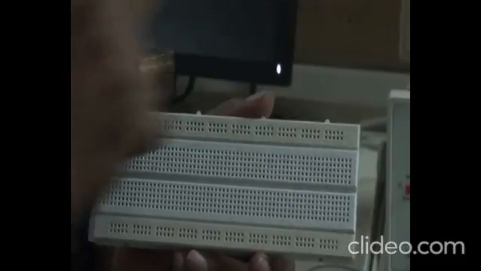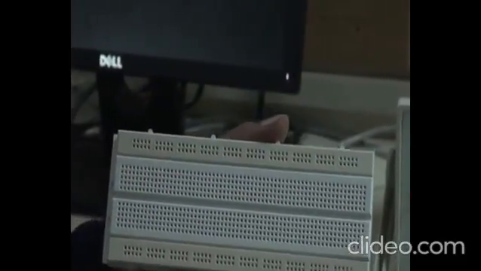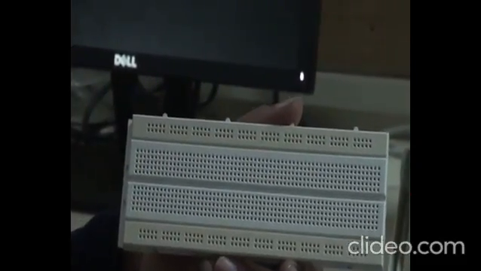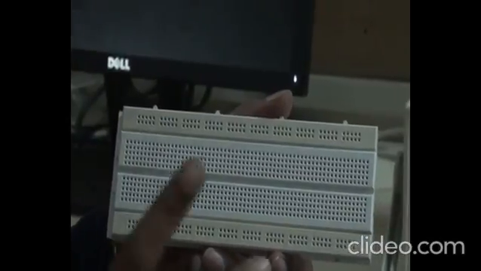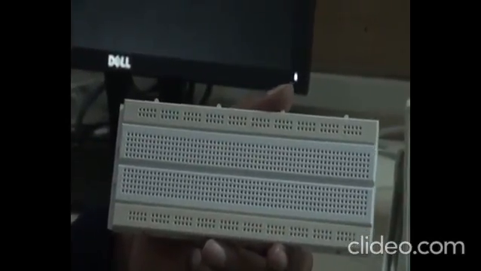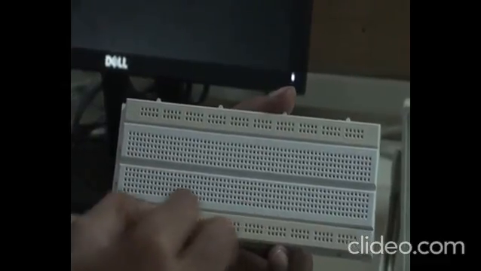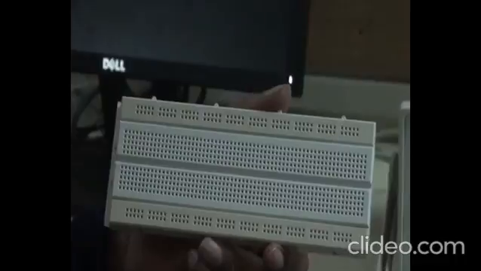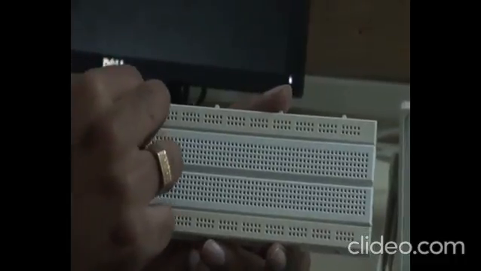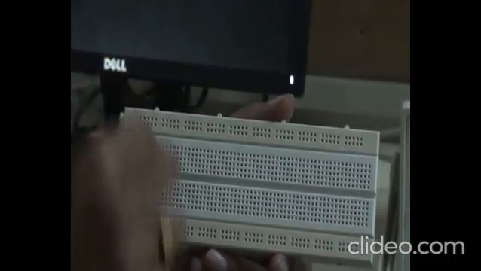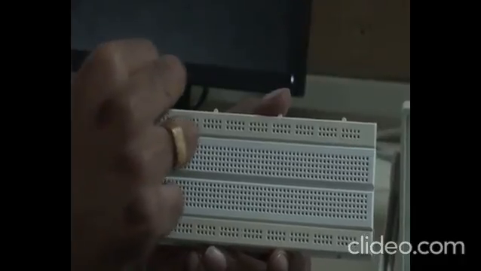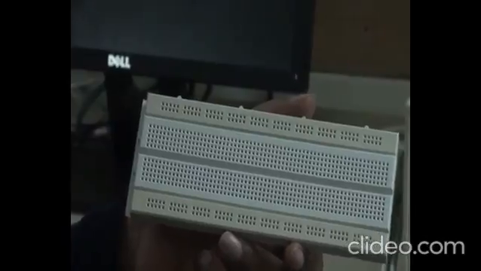When you look into a circuit, you see that the ground connection is required by lots of devices. So you will take ground connections from these longer horizontal connections. Similarly, you will give power supplies to the top. You may give plus VCC over here and minus VCC to the bottom line. So that's how breadboard connections are done.